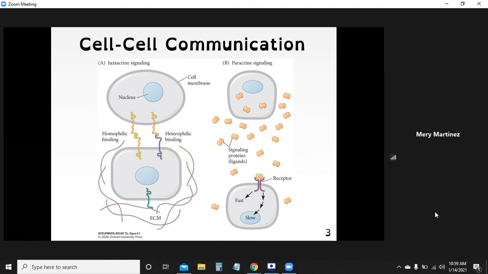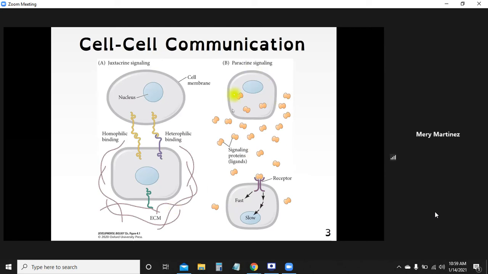They bind together. So we have here the homophilic binding, and here we have the heterophilic binding, and this is the extracellular matrix that allows this interaction. They pass information to one another, and we're going to be seeing some examples of this today or tomorrow, maybe. It all depends on how much I cover today.